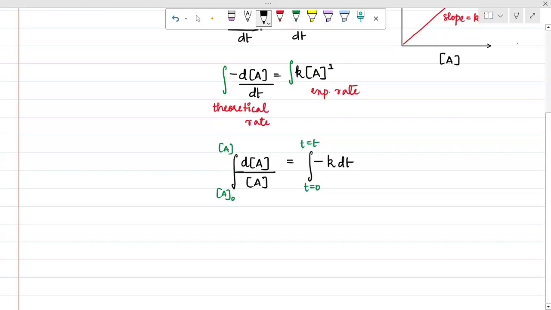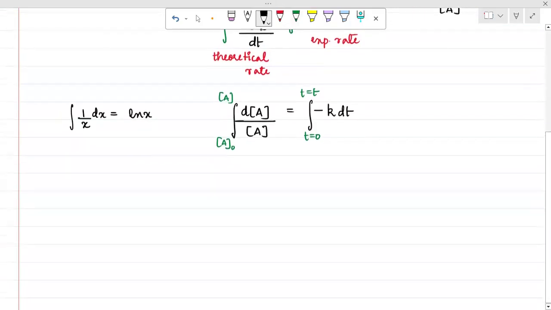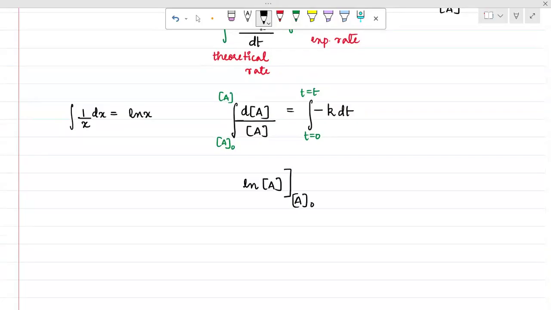Right? Now, what is it that we should know? We should know that integral of 1 by x dx is ln x. What do we have over here? We have 1 by A dA. Instead of x, we have A. So this is going to be ln A, natural log, from the limits A naught to A, and integral of dt, as we discussed earlier, is very easy.